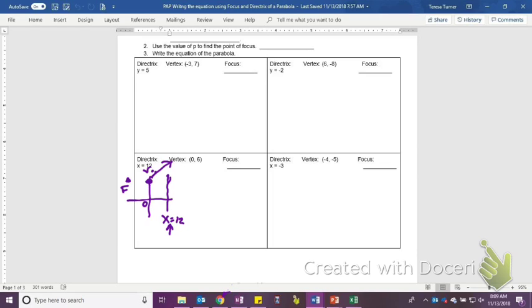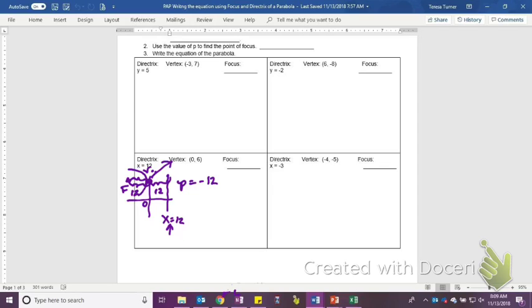Because the directrix is to the right of the vertex, the focus has to be to the left of the vertex, so this one is going to open to the left. So our p-value has to be negative, and the distance between the vertex and the directrix is 12, so the distance between the focus and the vertex must also be 12. So our p-value is negative 12.